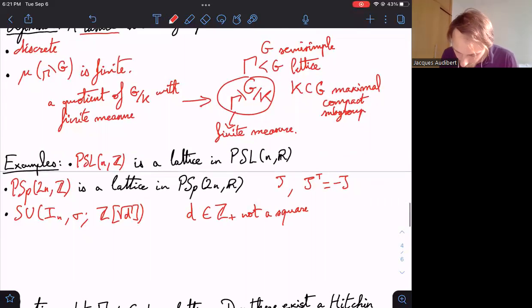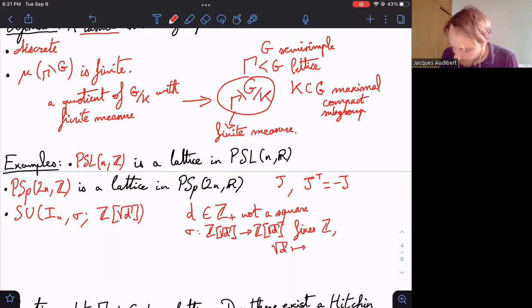I look at the ring generated by the square root of d, and σ goes from Z[√d] to Z[√d], fixes Z, and sends √d to minus √d.